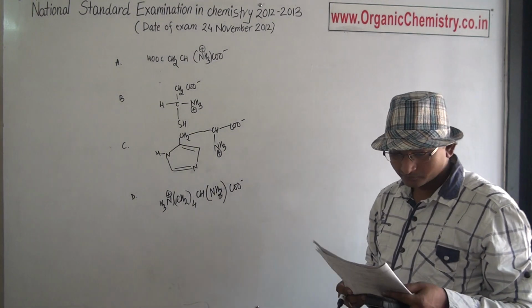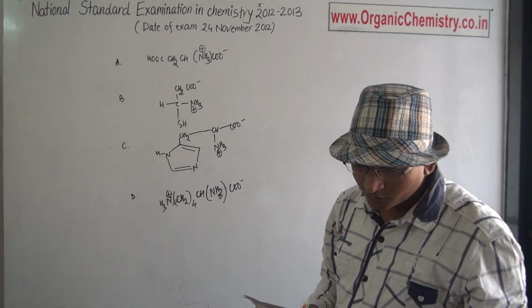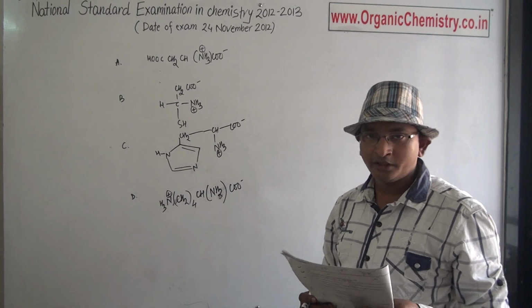The question is, the amino acid that cannot be obtained by hydrolysis of protein is.